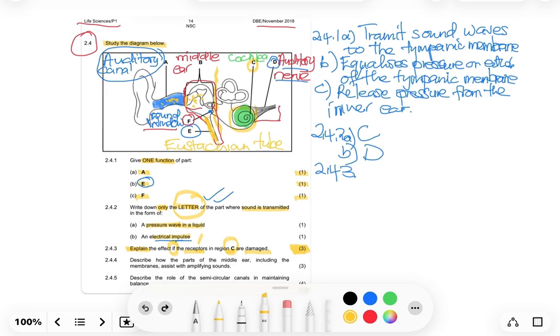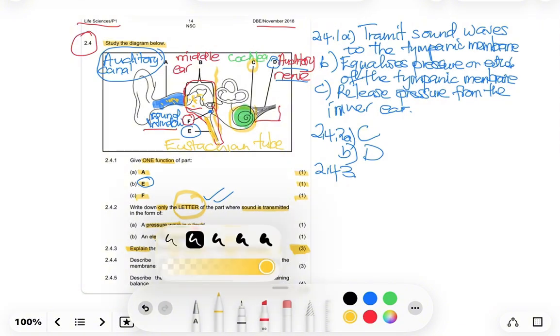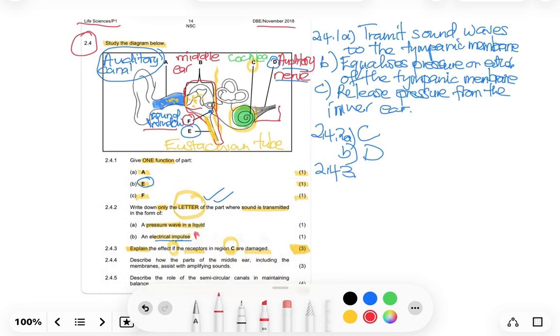So it's about the relationship between the receptor, impulses, and the hearing that would take place.